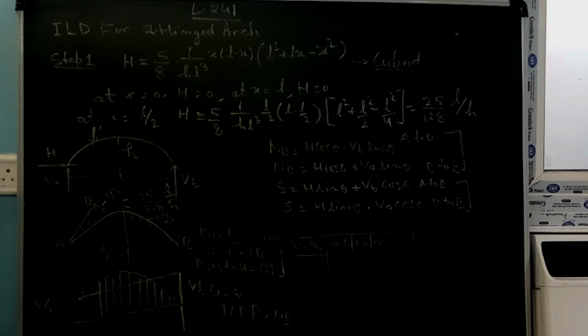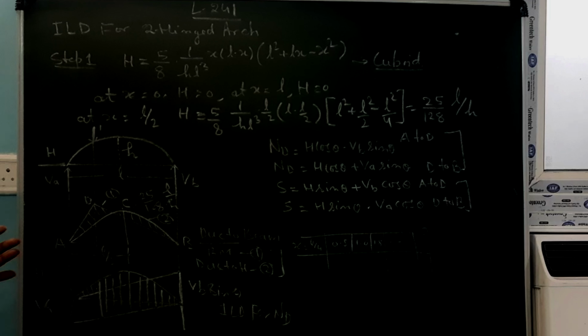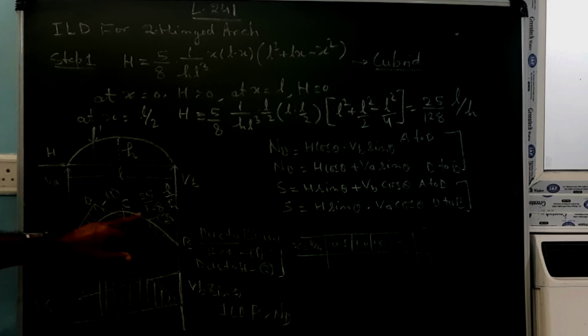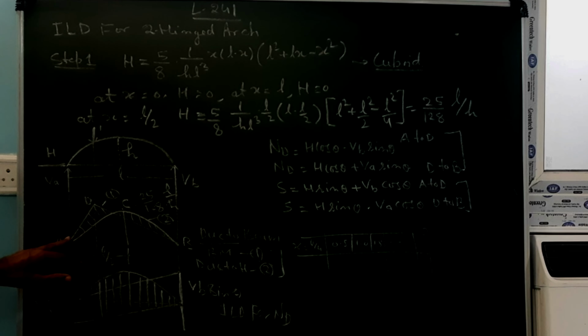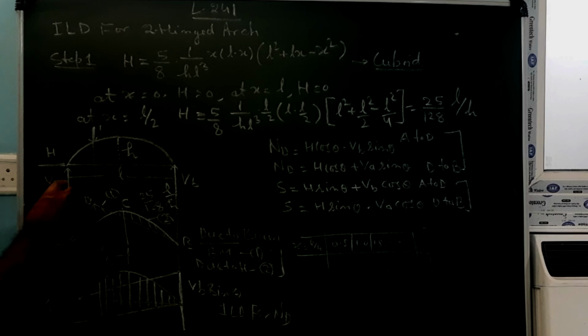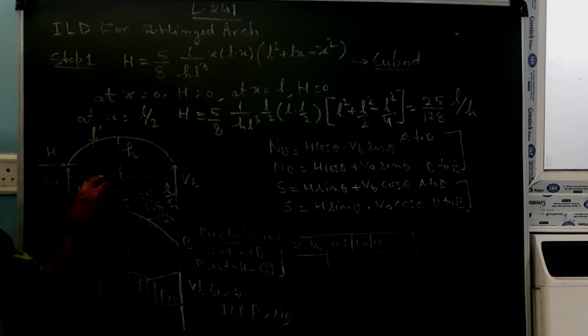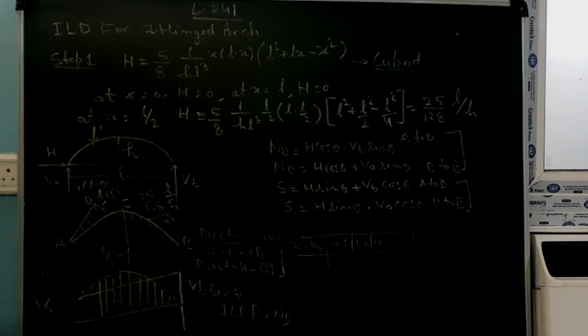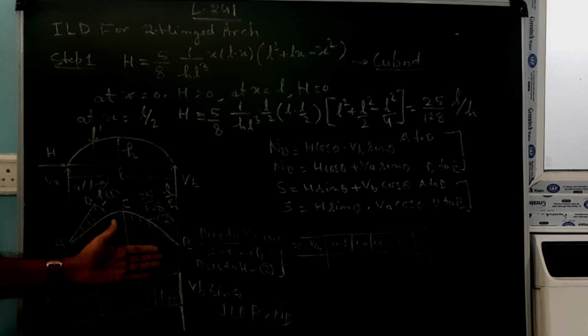So if you want to draw the ILD for the bending moment, you can see what will happen. You draw this thing. This is the horizontal thrust, and this is AL minus A divided by L. If it is at a distance of A, L minus A is equal to B. So you put this, and you can always draw this diagram.